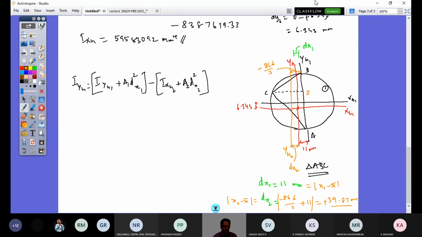So it is 17.87. It's not 39. Please correct that. So that is 17.87 mm.